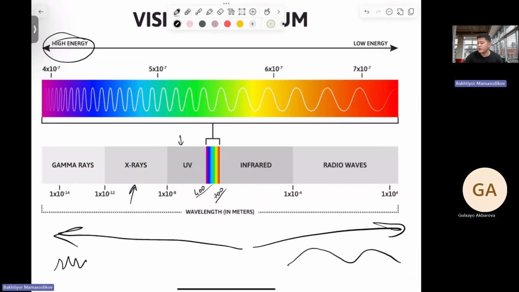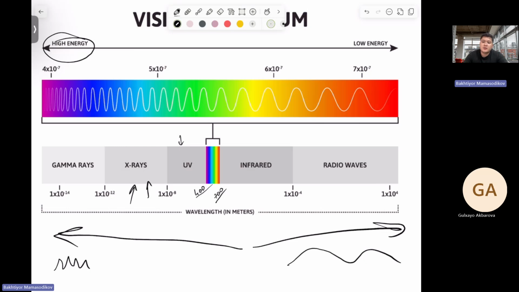Here, shorter wavelengths, so high energy. The visible spectrum is between 400 and 700 nanometers. X-rays are less than 10 nanometers and are used in diagnostic imaging. And gamma rays are less than 1 nanometer. They are used in cancer therapy, in radiotherapy.